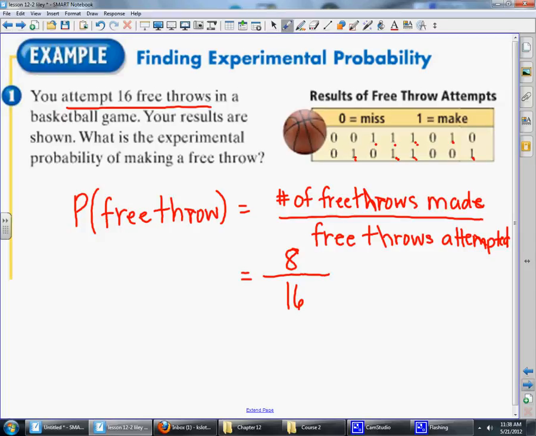And we want to reduce that, so we can divide the numerator by 8 and the denominator by 8. So 8 divided by 8 is 1, and 16 divided by 8 is 2. So this person has a 1/2 chance of making a free throw, or 50% chance of making a free throw.